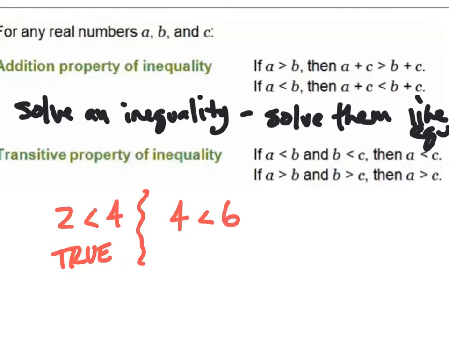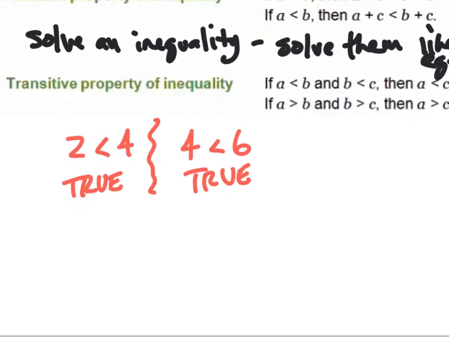That's true. So what can you conclude about this situation? Then 2 is less than 6 also. That's the transitive property. So then we can conclude that 2 is less than 6.